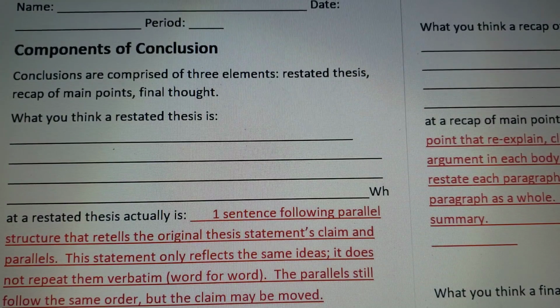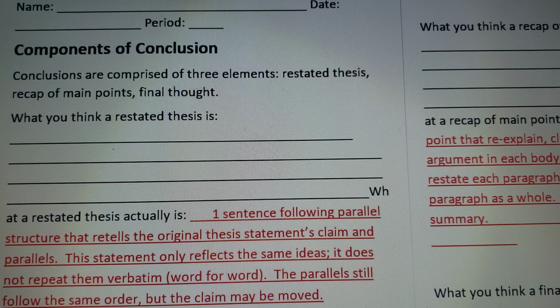And I don't care how you do that. If you print this off, that's fine. If you print out a blank copy and write it down, that's fine. Whatever. Just make sure that you have a copy so that we can use it when we're doing the writing in class. You can refer to it when you're actually writing your conclusion paragraphs.